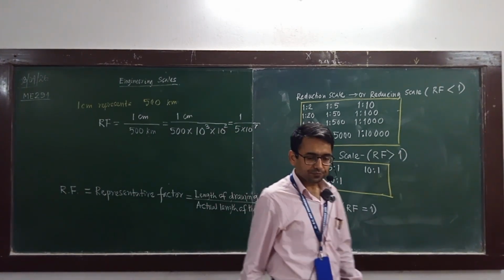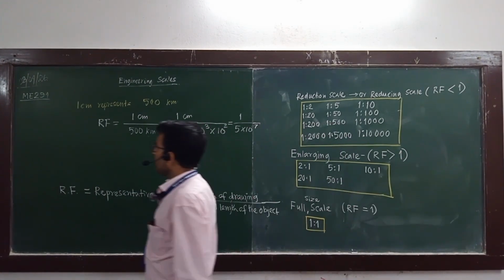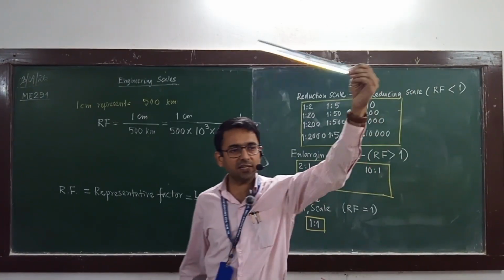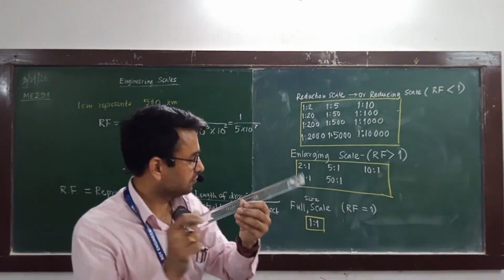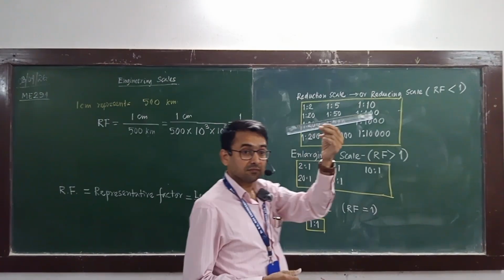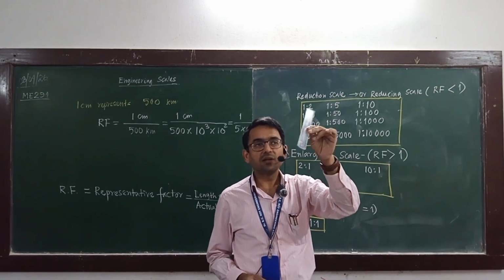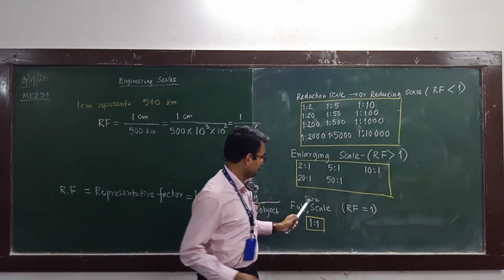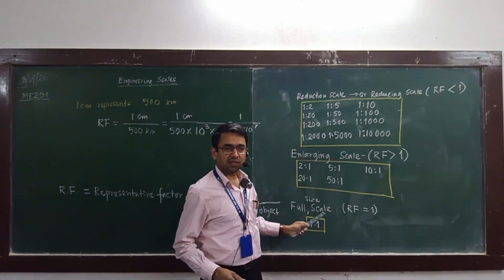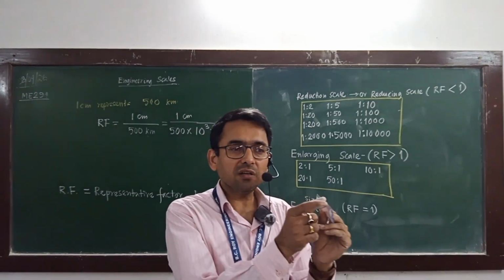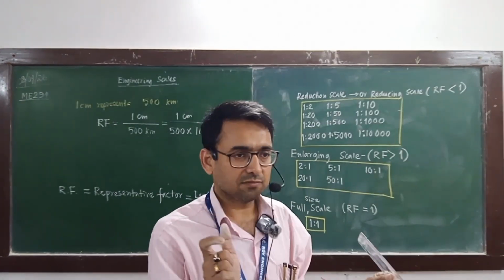Next, one thing is, this is a scale. What is that scale? Centimeters. This is a full size scale. That means if I measure something from this, it will be the exact length.